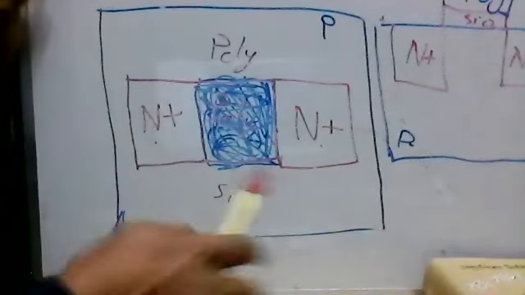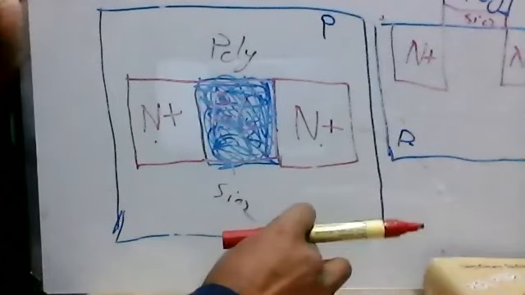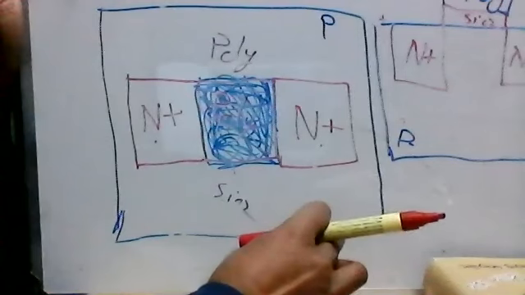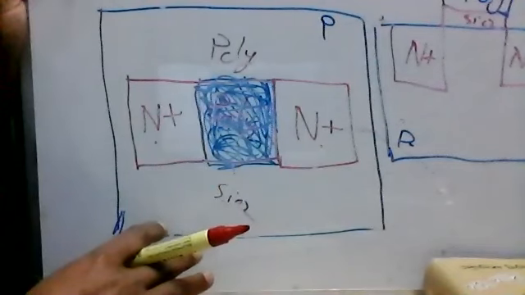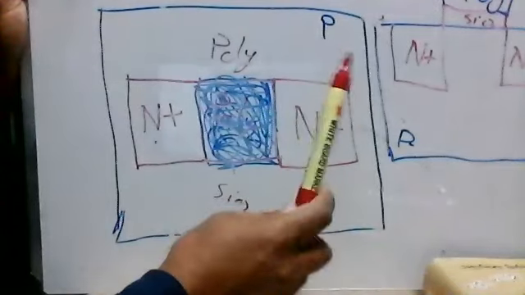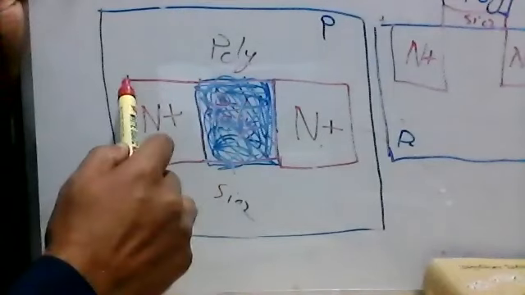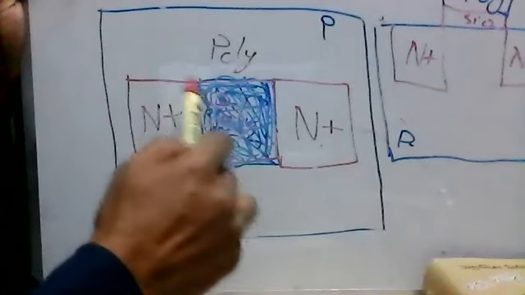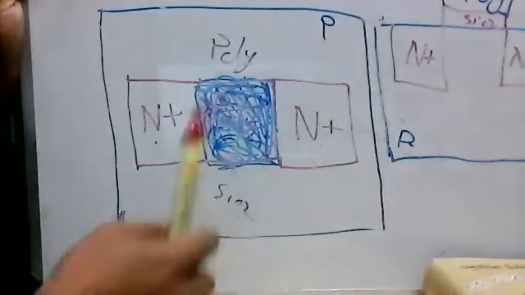So the first thing we do for this layout diagram, we take the different layers of materials one by one. The first layer we use is a P-type silicon or P-type substrate, and on top of that, inside we make two rectangular areas. Sometimes it looks like a square too. It doesn't matter.